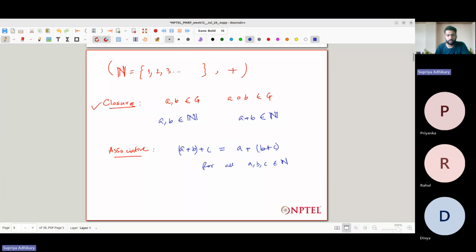So this is always true, and the associative property is also true.